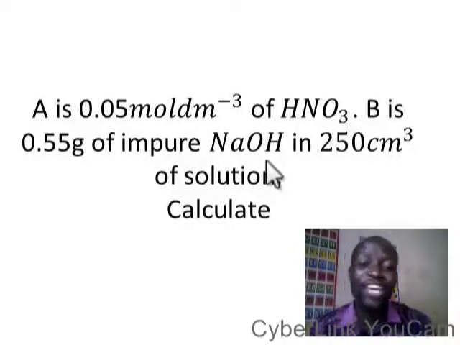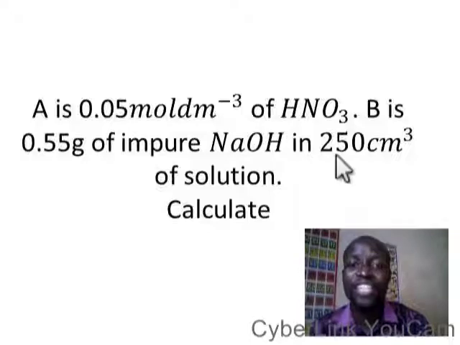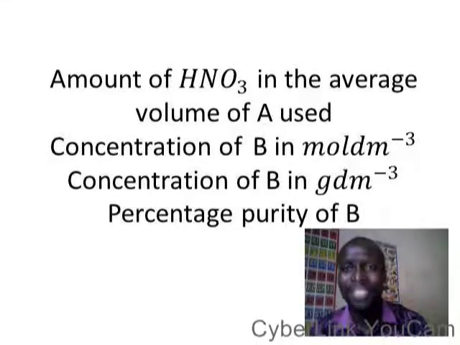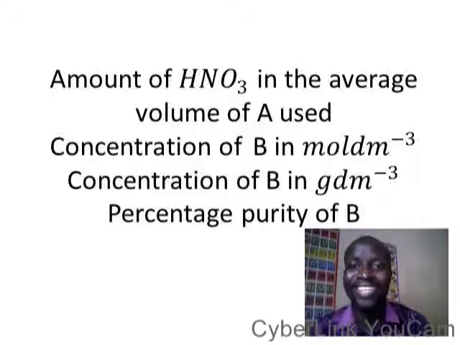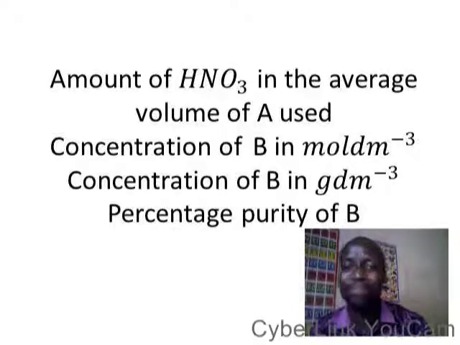This may be YOH in 250 centimeter cube of solution. Calculate. Let us see those things you are supposed to calculate. The amount of HNO3 in the average volume of A that is used, concentration of B in mole per dm³, concentration of B in gram per dm³, and lastly, the percentage purity.